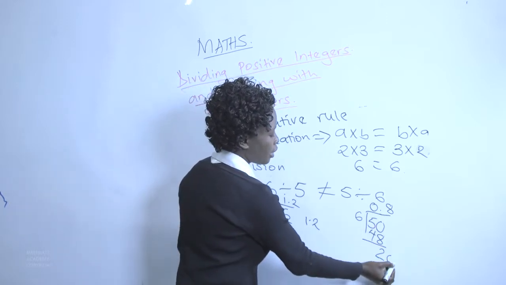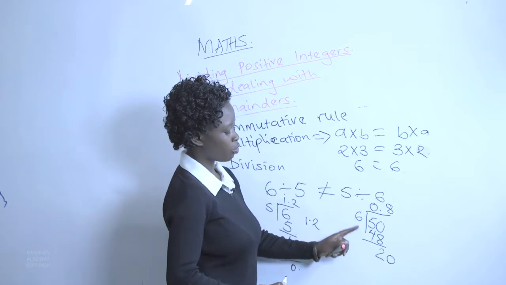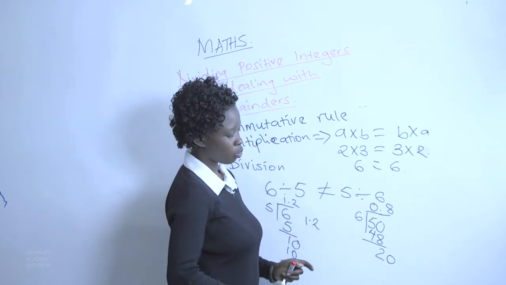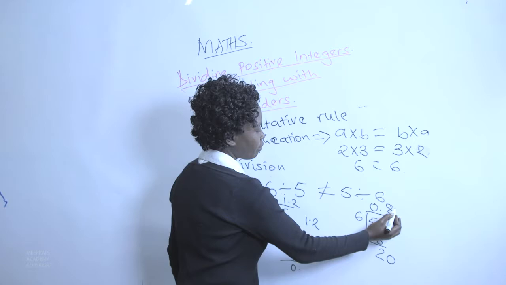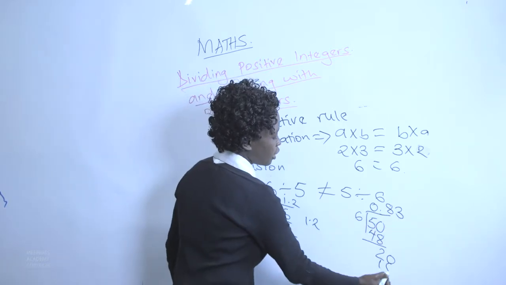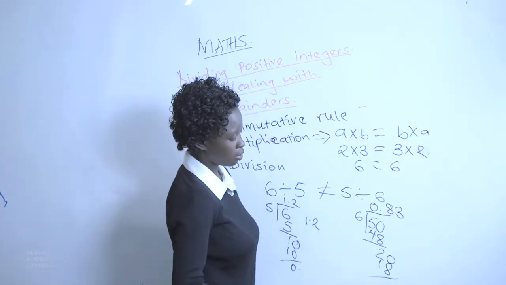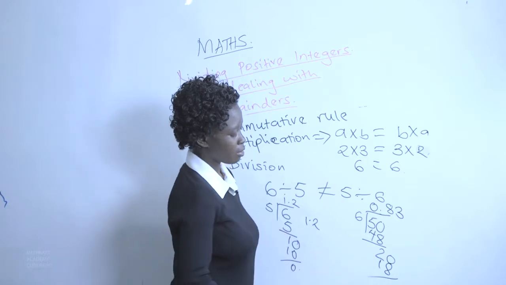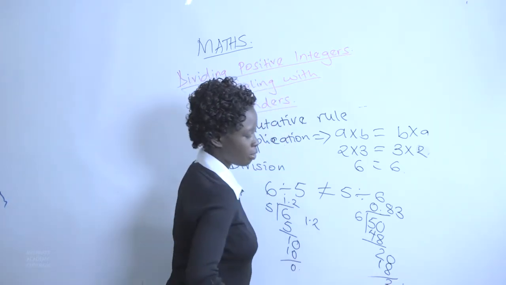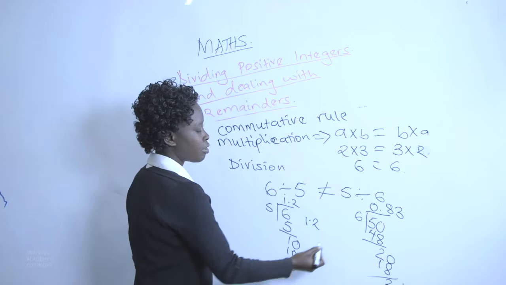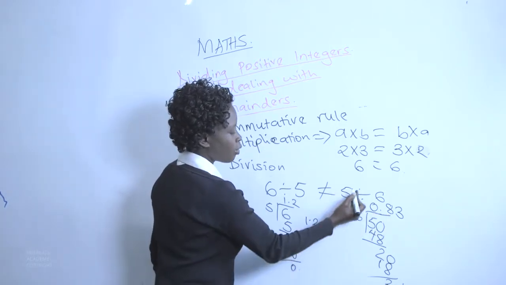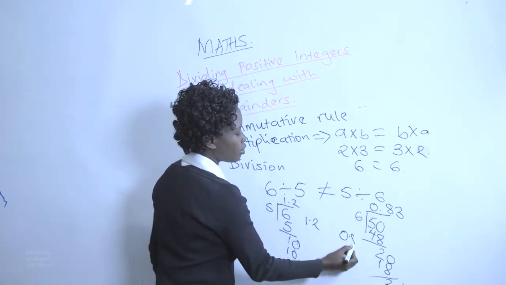So when we add a 0 on that point, so that we have 6 into 20, that is 3 because of 18. When we subtract 20 minus 18, we get 2, and we find that that is simply given as a recurring decimal. But the fact is, on this side, we are getting 0.83.